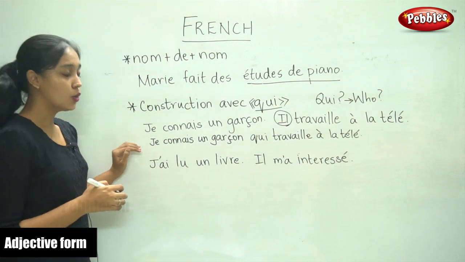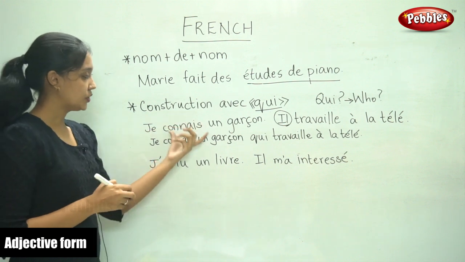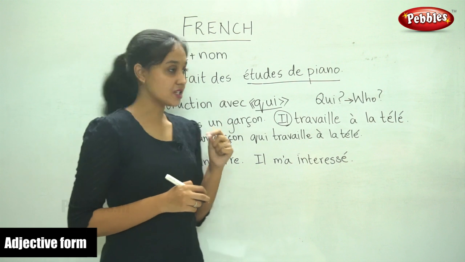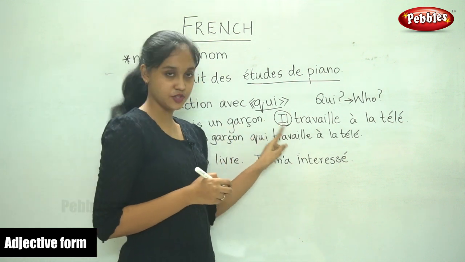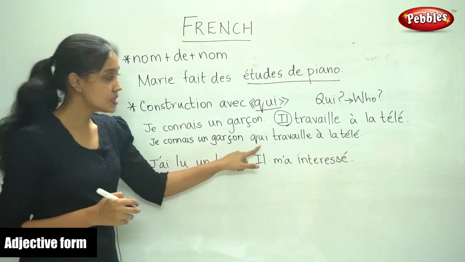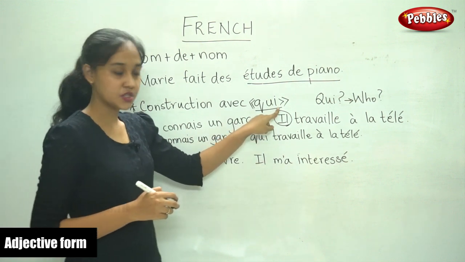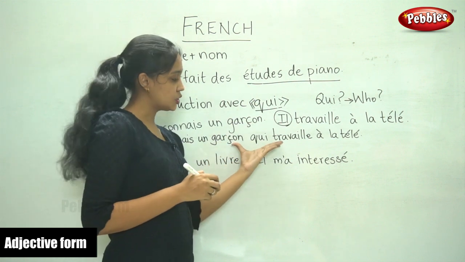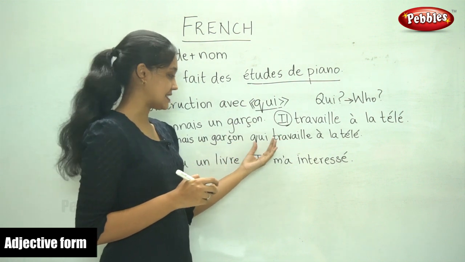So here what we did was we wrote the first sentence as it is. In the second sentence we replaced the subject with qui. So we used qui, which is a question word, but in this case it is used to relate two sentences.